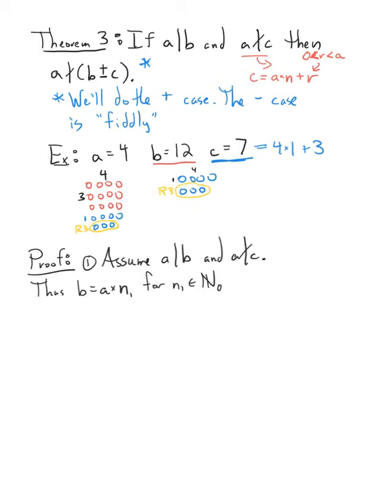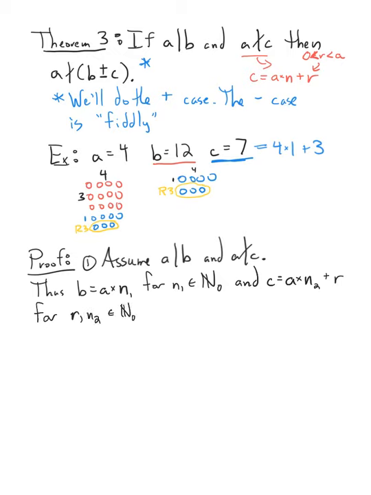Remember, this is saying n1 is an element of the set of all whole numbers. And C is going to be A times some number n2, but it doesn't divide, so we're going to have some remainder R. And n2 and R are whole numbers.